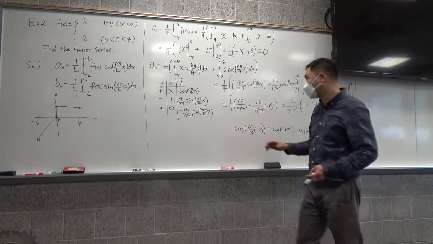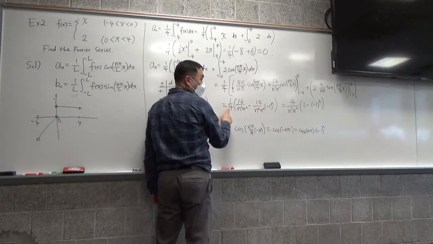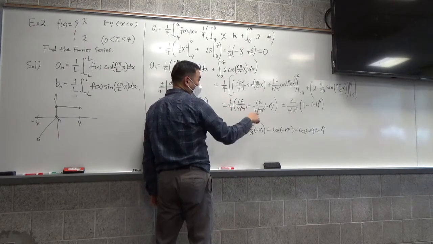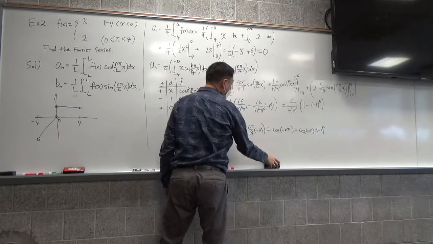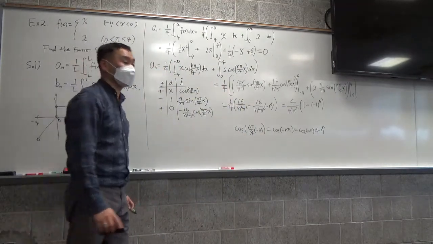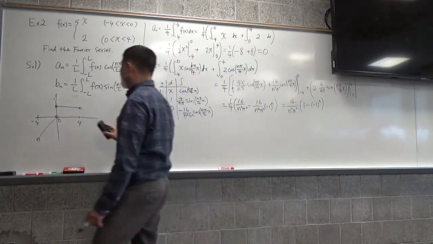Okay, so what I'm doing is I'm factoring out the 16 over n squared pi squared, and if you divide by 4, 16 divided by 4 is 4, so that's what you get as your a_n. Is that good? Now let's try to do the b_n.